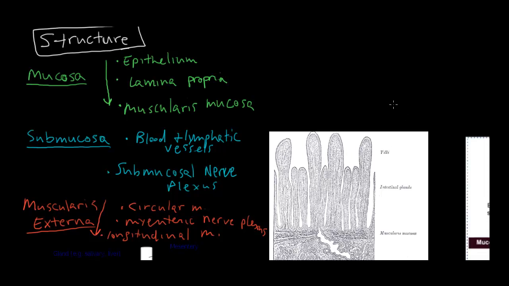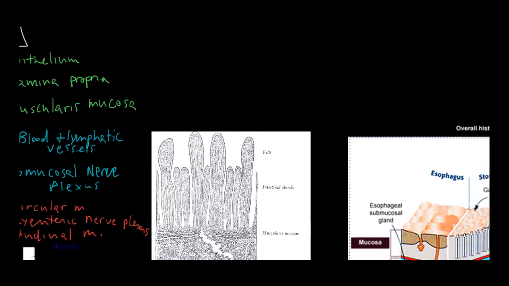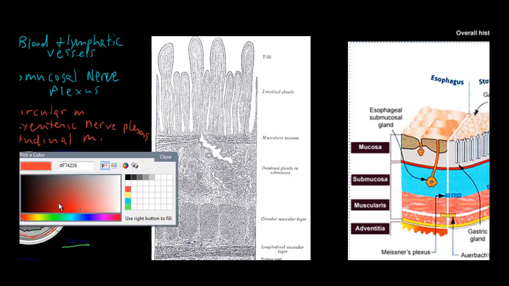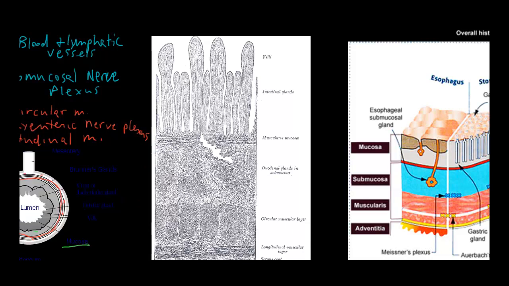So I'll give you a more histological picture. This is a cross section of the duodenum, but we'll use this as an example. We see that this entire layer is the mucosal layer.